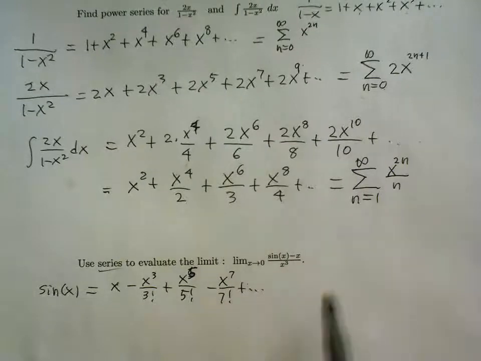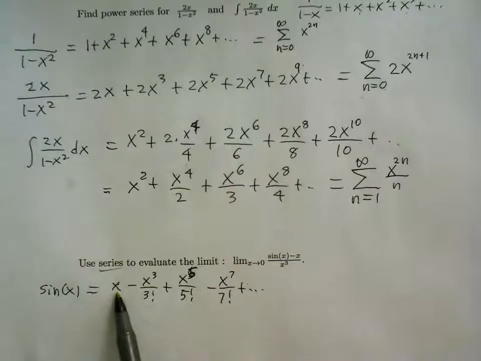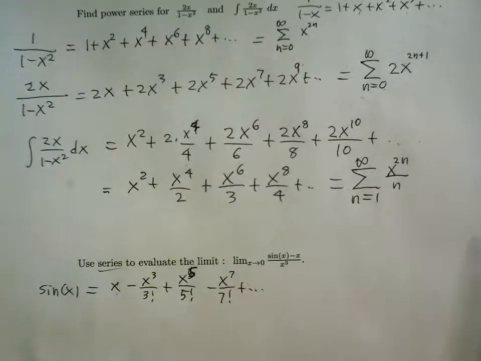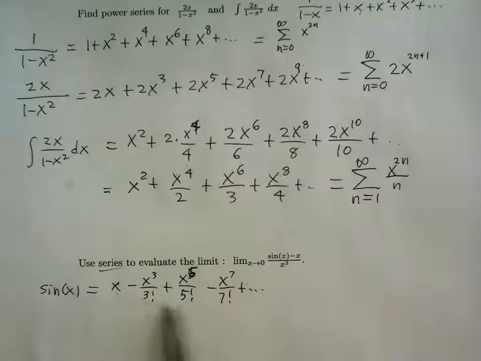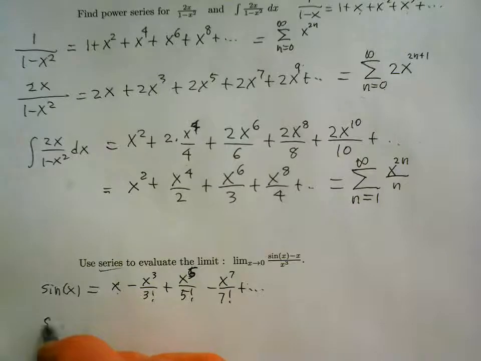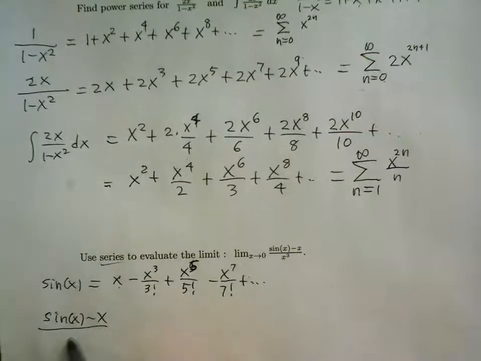And so sine of x minus x, we just get rid of the x. And then if we divide each of the remaining terms by x to the third, we can write down a series for sine of x minus x over x to the third.